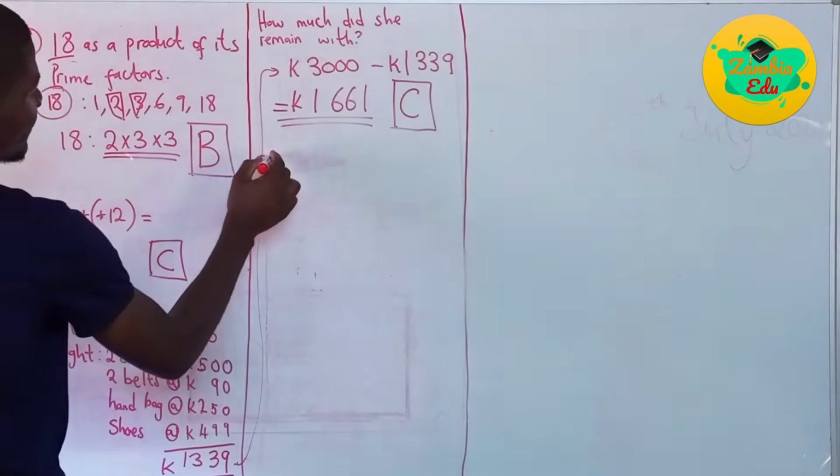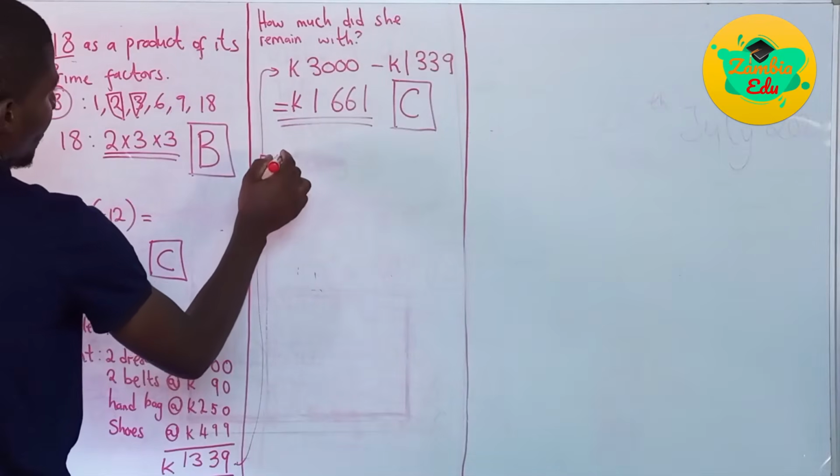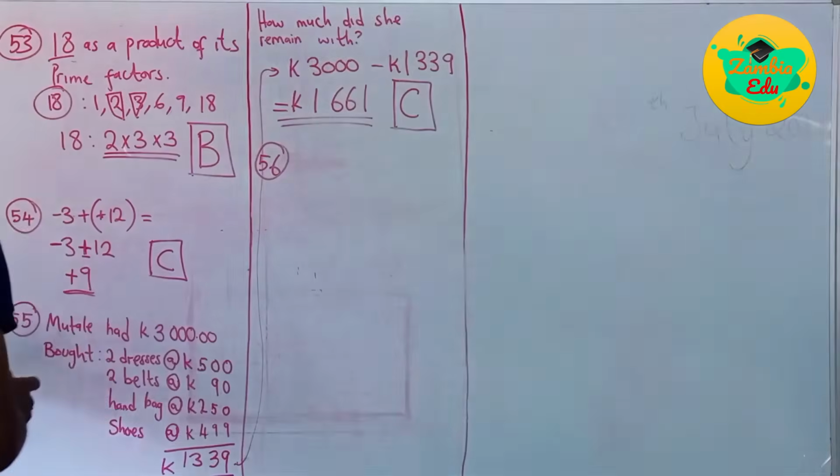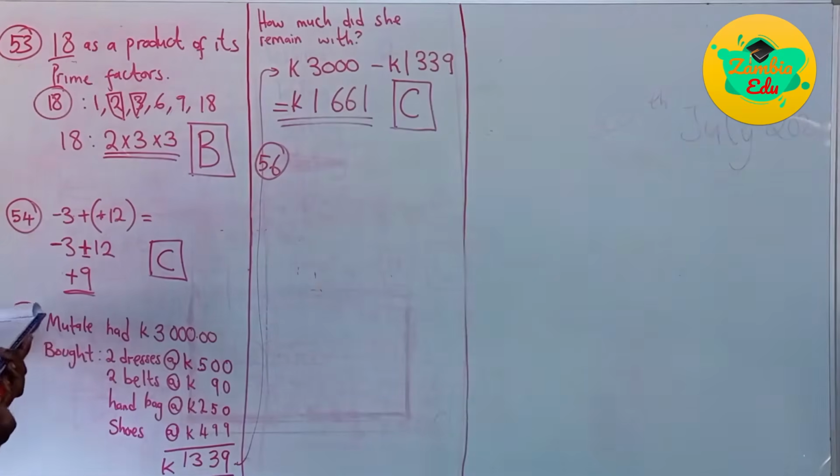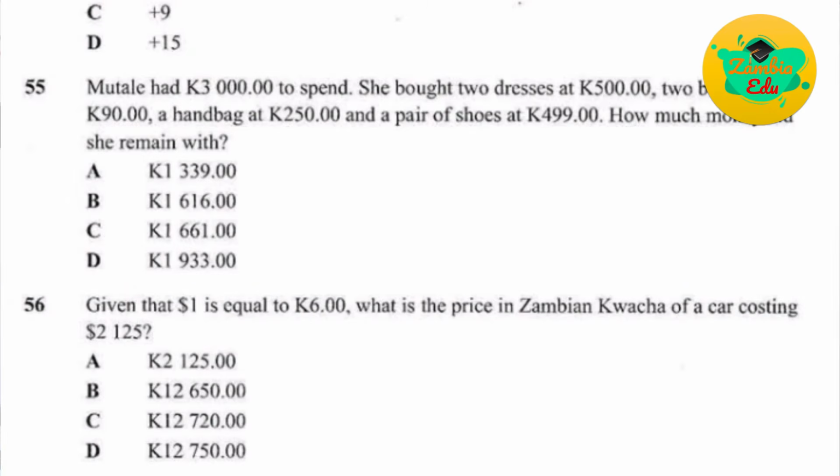We go to 56. Alright, we are about to finish. 56 says, given that $1 is equal to 6 kwacha, what is the price in Zambian kwacha of a car costing $2,125?